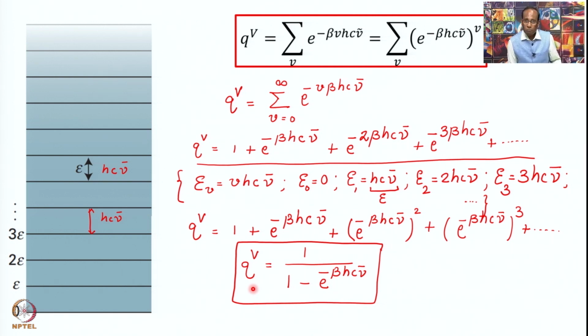So, within the approximation of the harmonic oscillator or uniform ladder of energy levels, we can use this expression at any temperature, and we can now discuss the conditions: what happens when the temperature is very high, what happens when the temperature is very low, and can we further modify this expression.